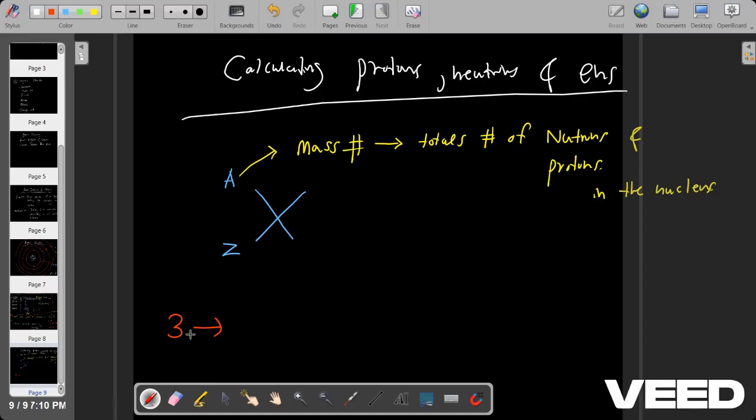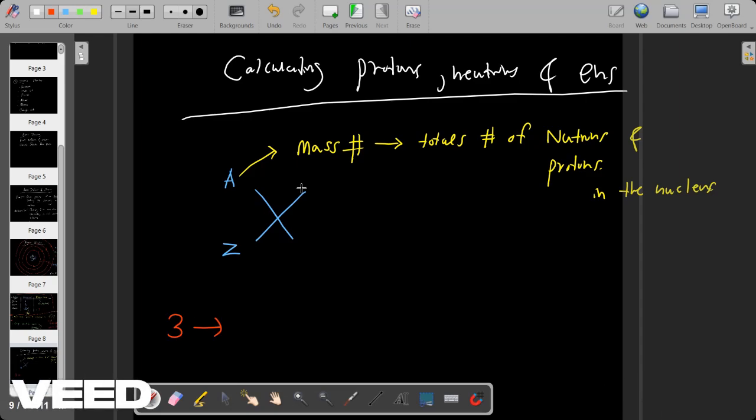Or you can even tell, if the mass number is 3, the number of neutrons and protons is equal to what? Are you there?